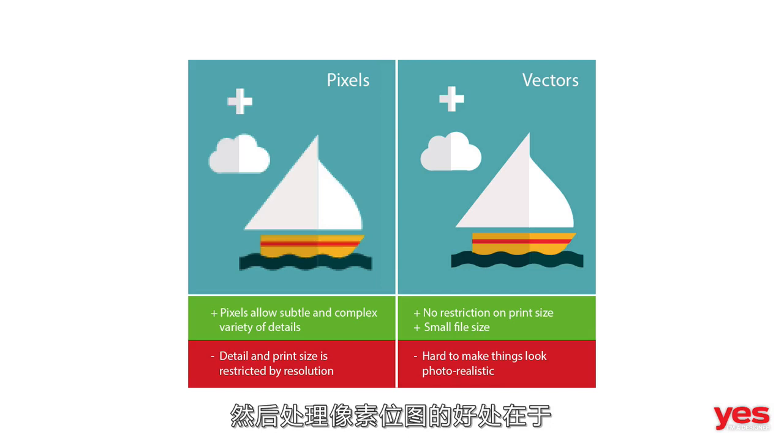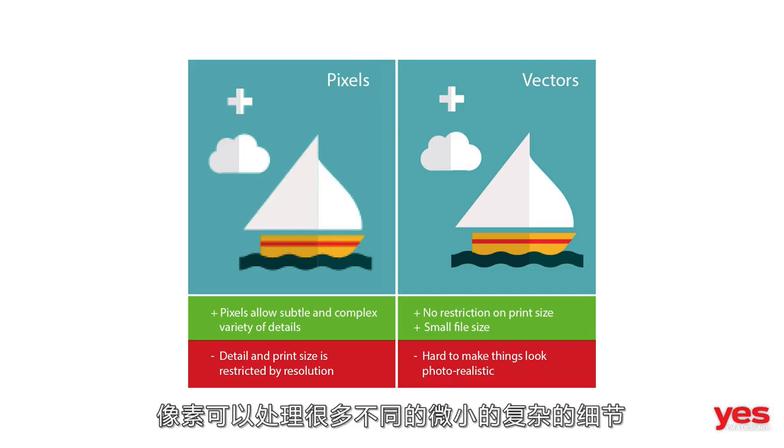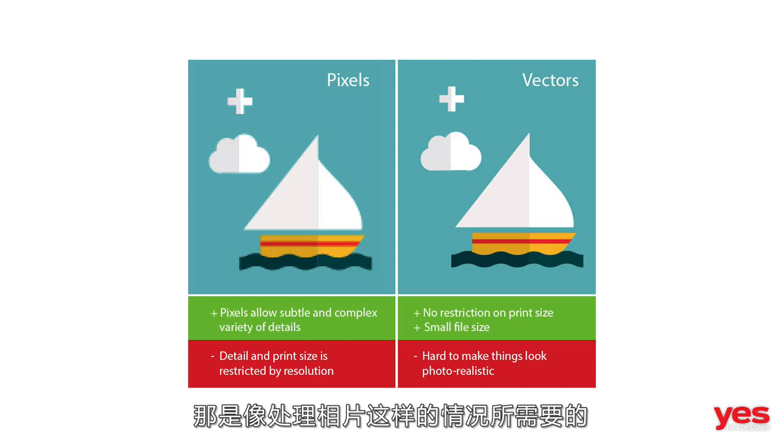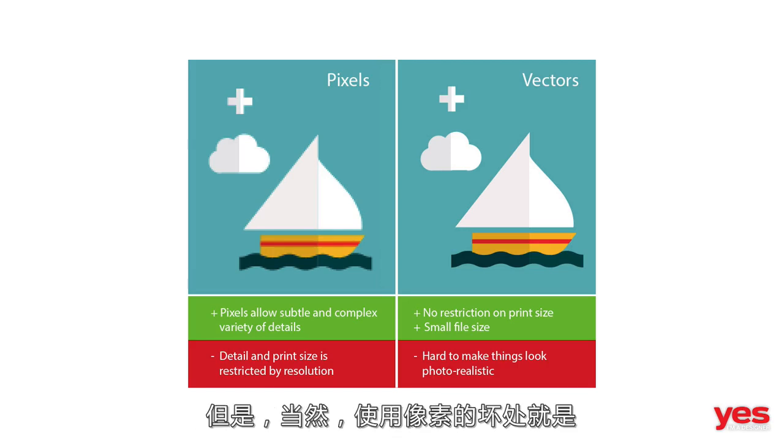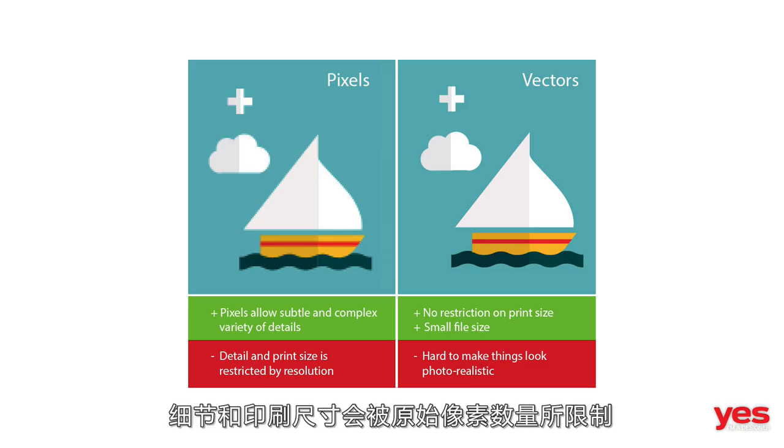Now the advantage of working with pixel or raster images is that the pixels, all those little details, allow the subtle and complex variety of details that is needed, for example, in photography. But of course, the downside of working with pixels is that the detail and print size is restricted by the resolution or original amount of pixels.